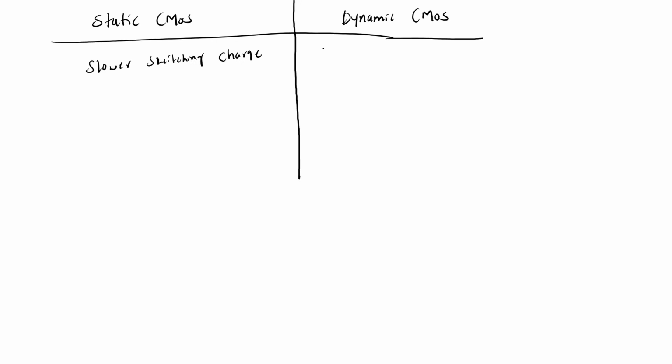Why? Because only one PMOS is there, so that's why it has a faster switching charge.